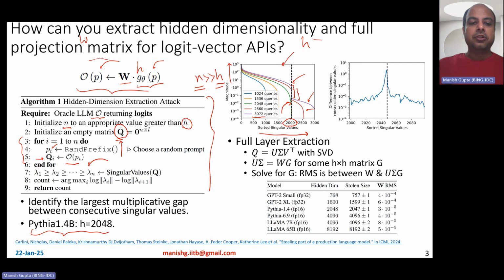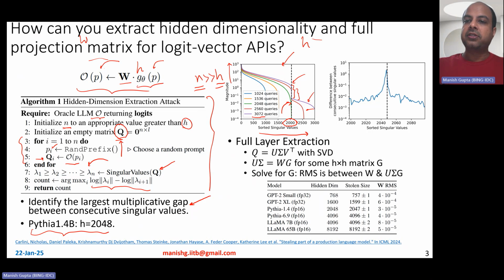Okay. So then what do you do? You basically do the eigenvector analysis, and you get the eigenvalues, sort them by their magnitudes, and then you figure out that particular point where there's the largest multiplicative gap between consecutive singular values or eigenvalues. Okay, that basically decides your h, the hidden dimensionality.